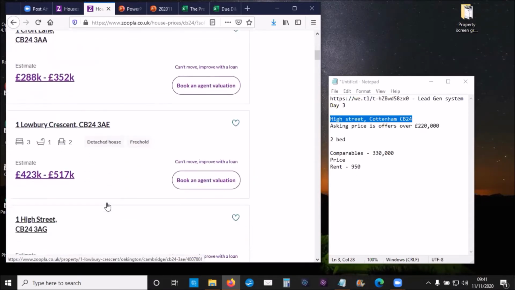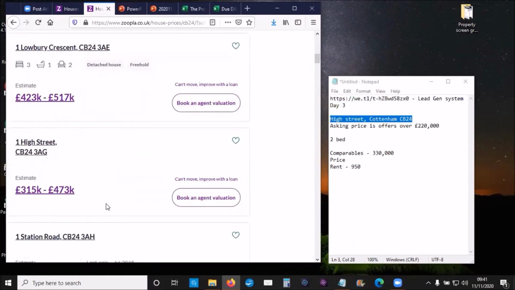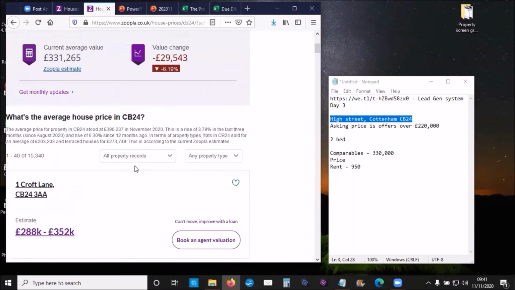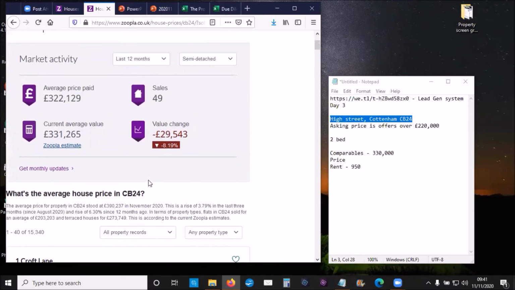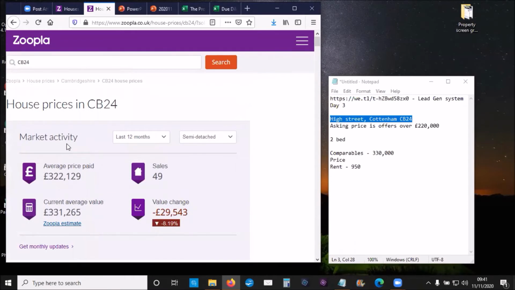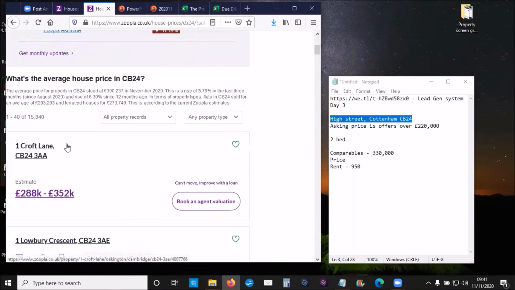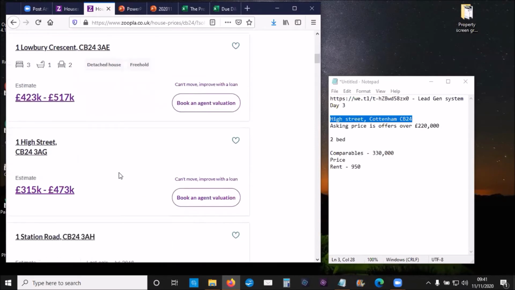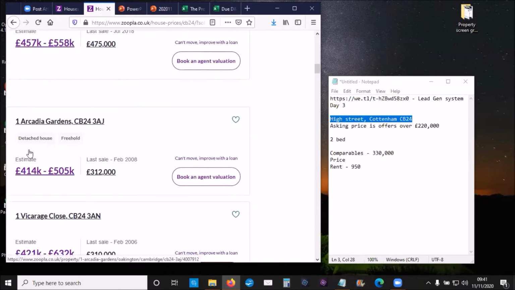We've got here estimate. I want to see sold house prices. I don't want to see estimate. Sorry guys, I'm just trying to figure out how Zoopla works because these don't look like sold house prices.